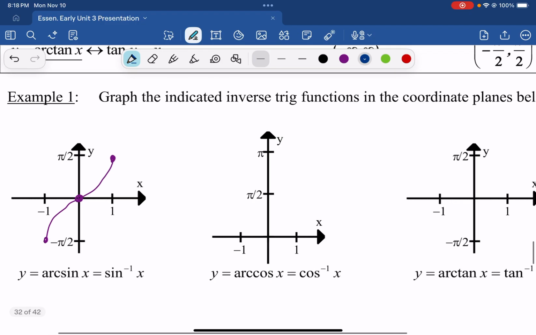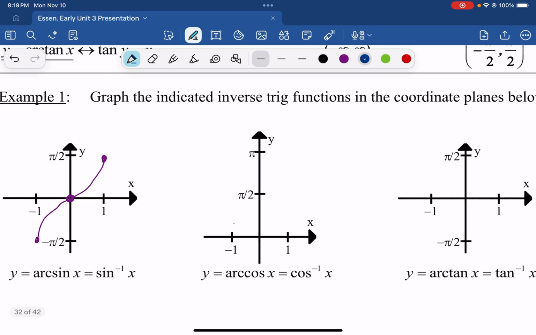For cosine, normal cosine of pi is -1, so arc cosine of -1 is pi. Arc cosine at 0 is π/2, and arc cosine of 1 is 0. So this looks like that.